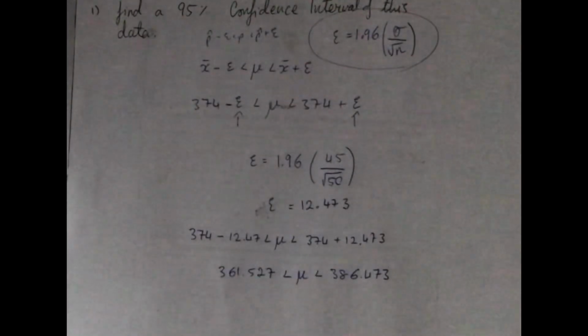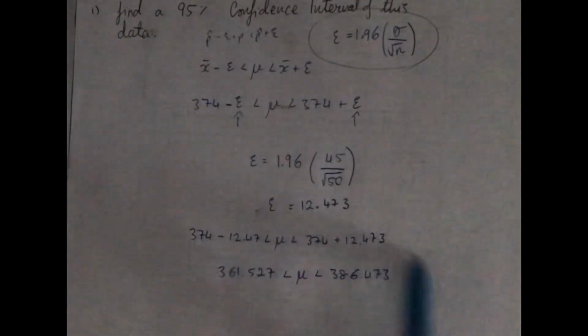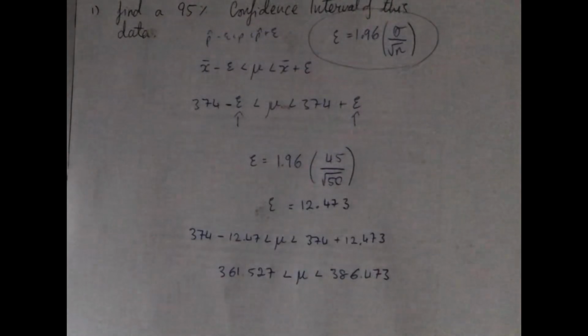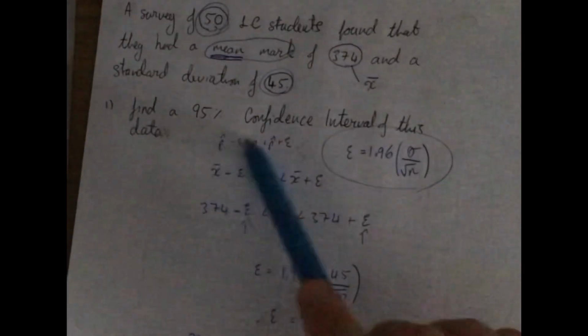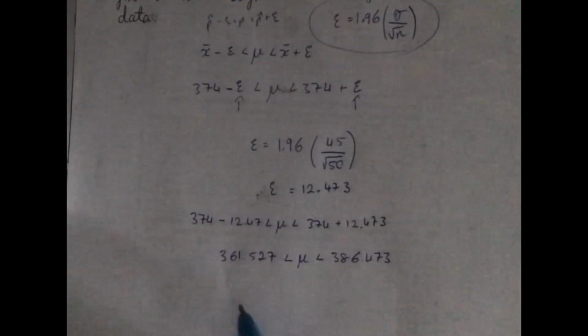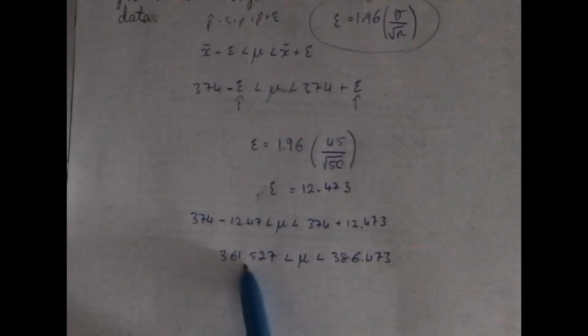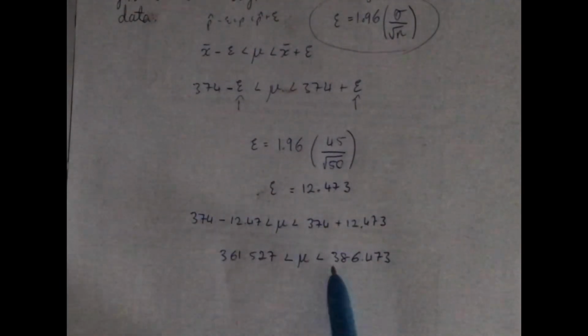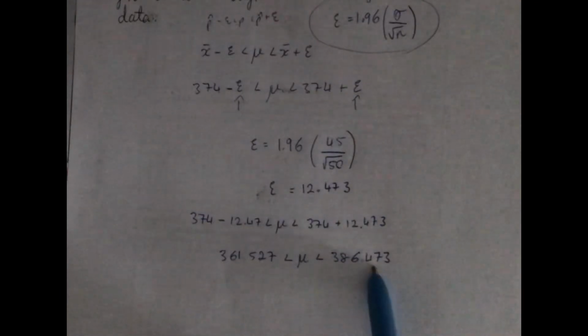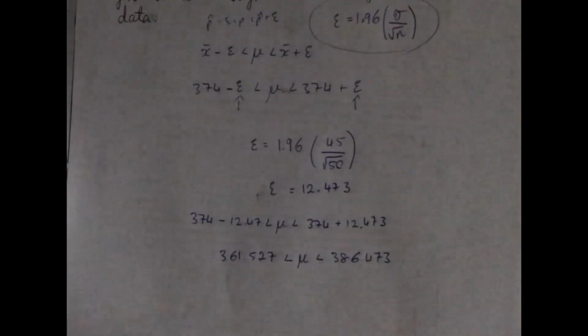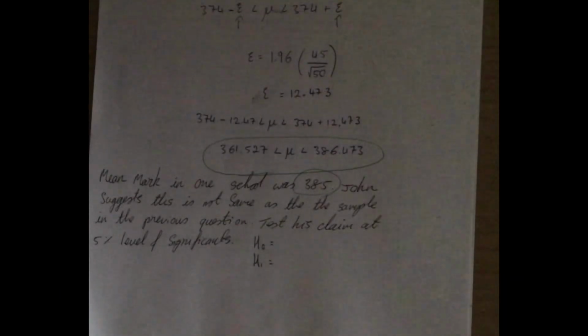If we were asked to interpret this confidence interval, we would say that we are 95% sure that the mean is between 361.527 marks and 386.473 marks.